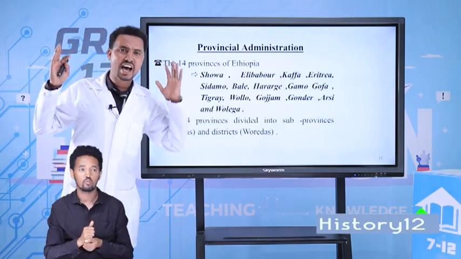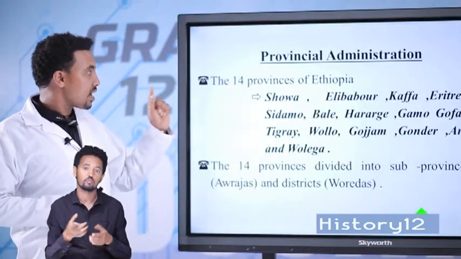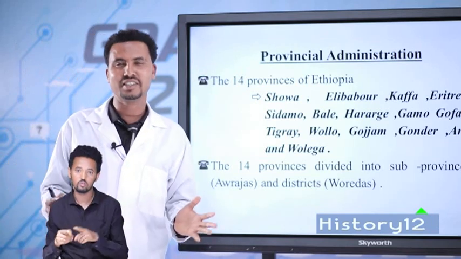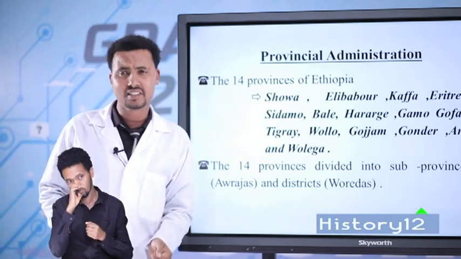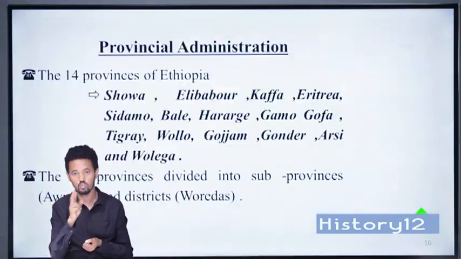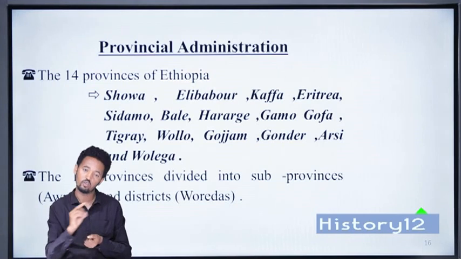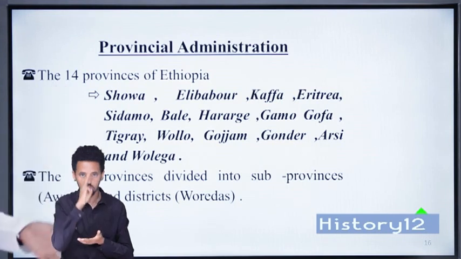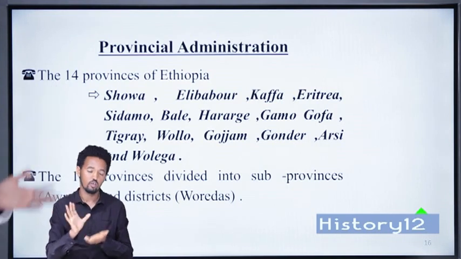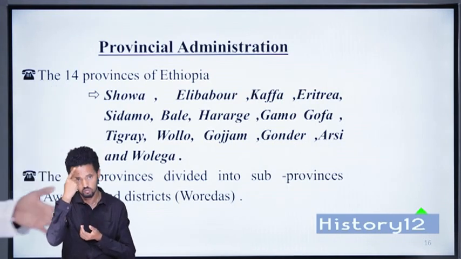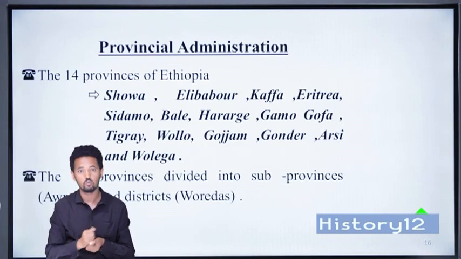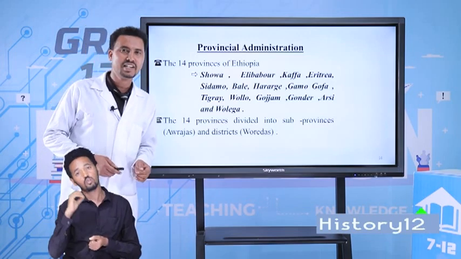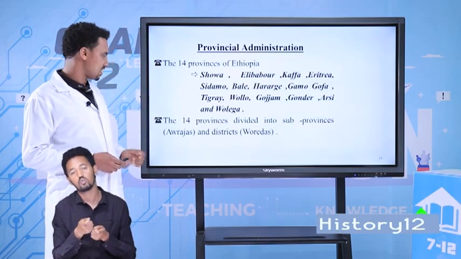The provincial administration. There were 14 provinces of Ethiopia during the reign of Emperor Haile Selassie. Those are Shewa, Illubabor, Kaffa, Eritrea, Sidamo, Bale, Hararge, Gamo Gofa, Tigray, Wollo, Gojam, Gondar, Arsi, and Welega.